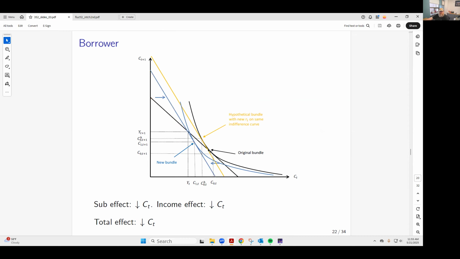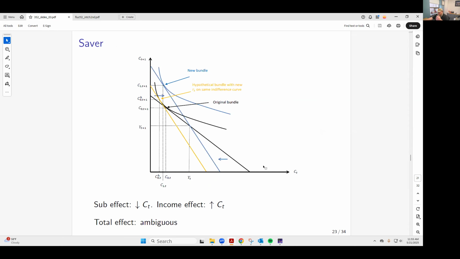Now, if the individual is a saver or a lender, as we saw before, they're going to consume much more in the future time period. So C2 is greater than C1, but then the interest rate rises. And now when the interest rate rises, the individual moves here.